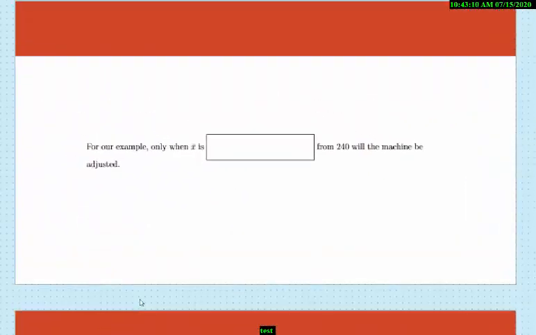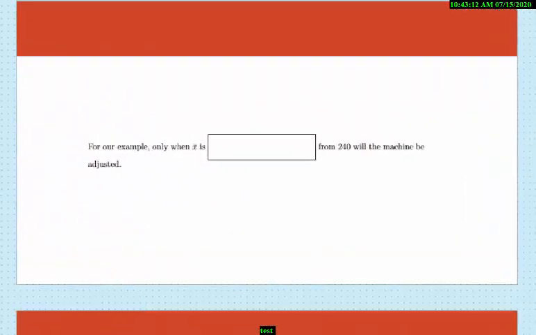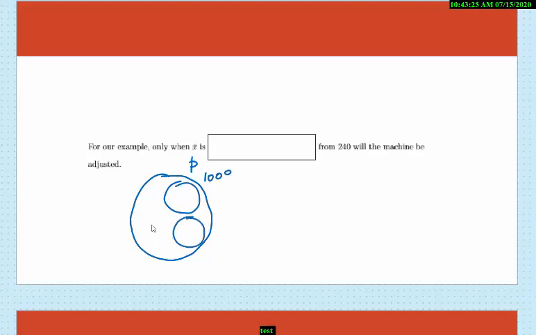So what do you have right here? Think about that. What you have is, first, the population. The population has 1,000 drinks. You consider what now? All samples that have size 40.